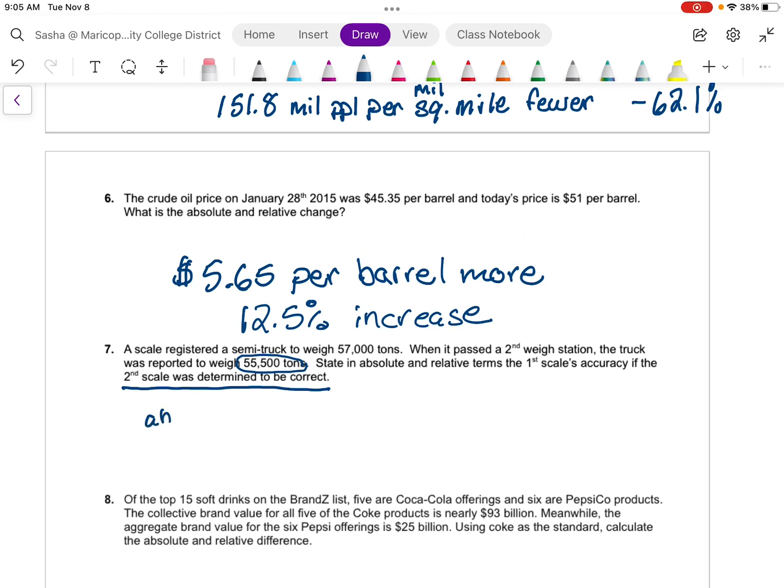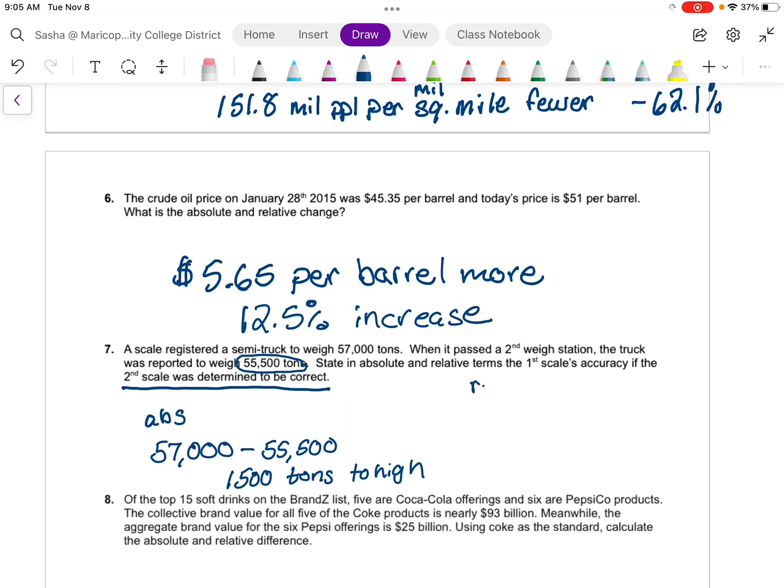So when I go through and do the absolute, it's going to be 57,000 minus 55,500. And so I find out that the first scale was 1,500 tons too high.